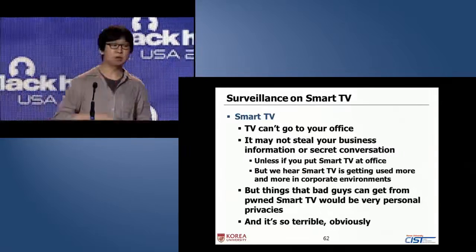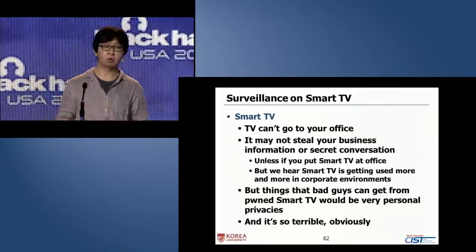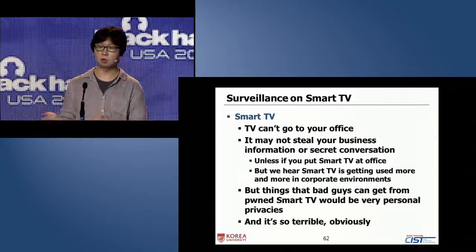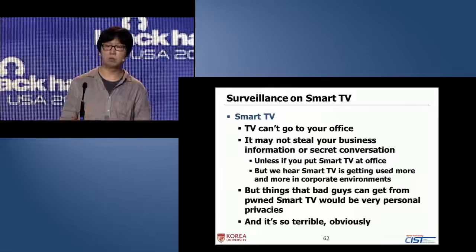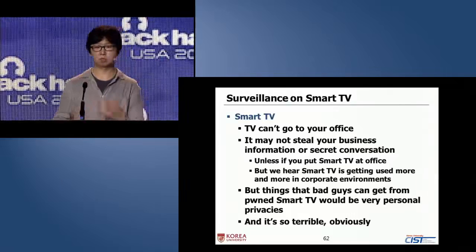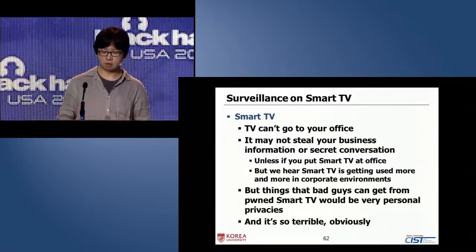Also, I know some big companies like Google or Microsoft use smart TVs at their offices. So it is not only about personal or home private stuff, but also about companies, I mean, infiltrating sensitive data.